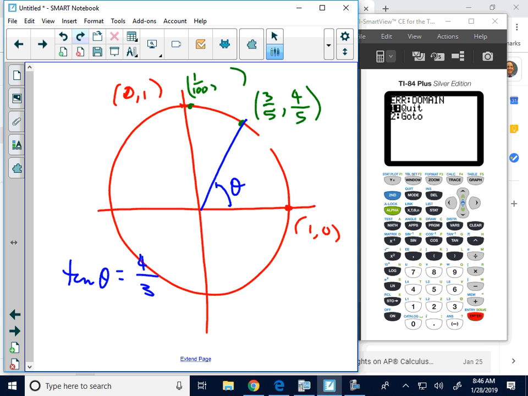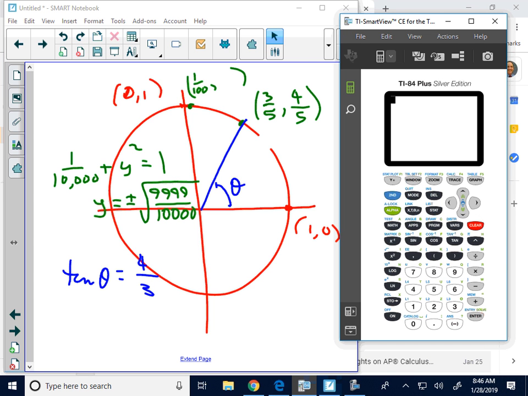You would square this and get 1/10,000 plus y squared is 1. So y would be plus or minus the square root of 9,999/10,000, if you do the subtraction and then take the square root.